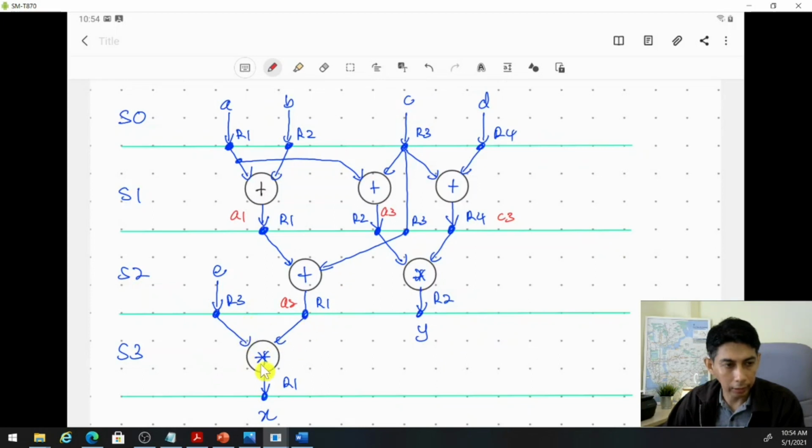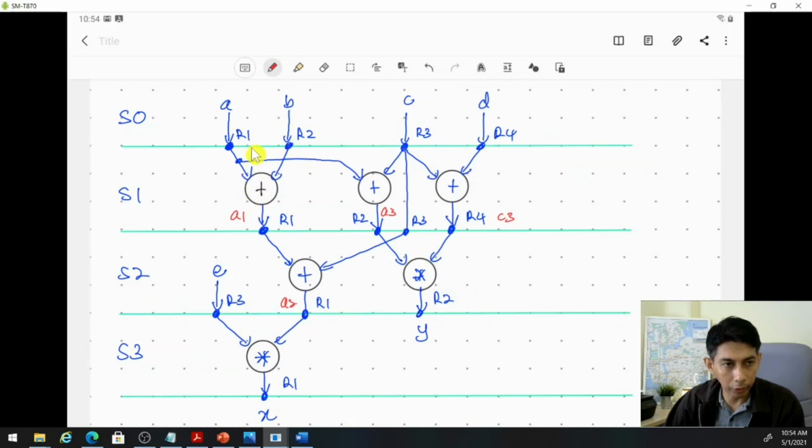In the same cycle, S2, we transfer E to R3, and in the next cycle we multiply by R1, which is A2, and we get X. Here A3, C3, R2, R4, we multiply and we get Y, and we save in R2. So this is called scheduling.